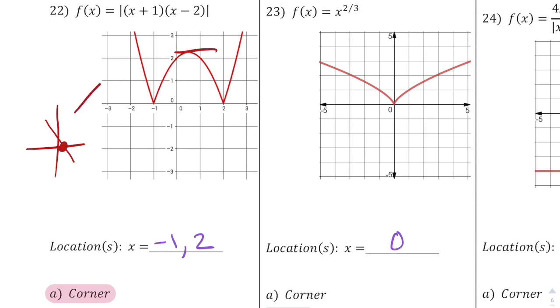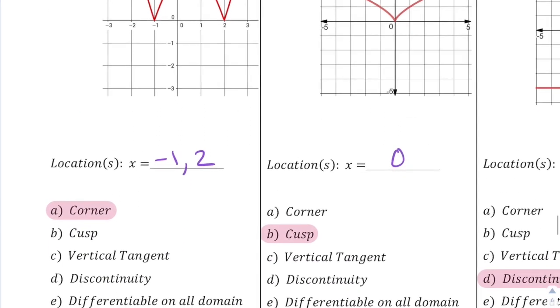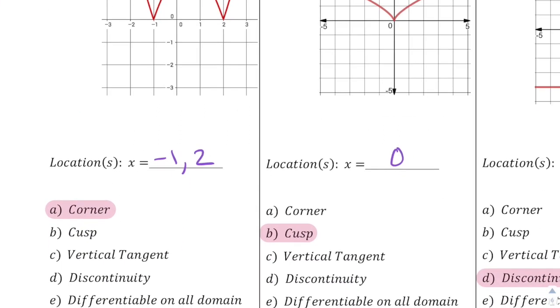And then after that, it will have an extreme positive and an extreme negative. But they don't go to infinity or negative infinity. They just have differing slopes. Graph it on your graphing utility if you need. The locations are at -1 and at 2, and it's a corner for both.